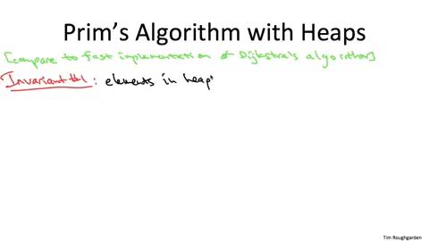The first invariant is going to describe what the heap contains. The second invariant is going to be what the key values of those heap objects are. So as I said, we're now going to be storing vertices in the heap, not edges. Which vertices?